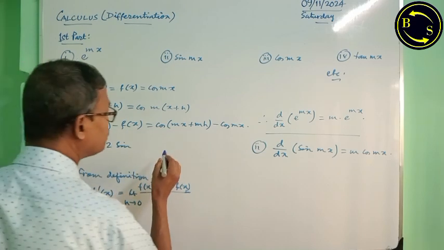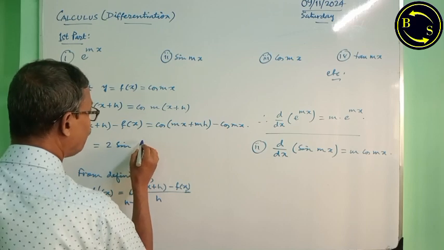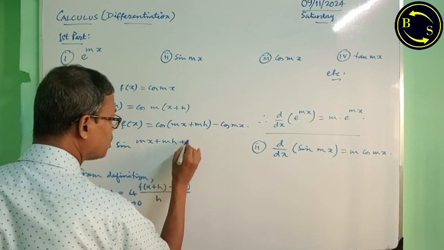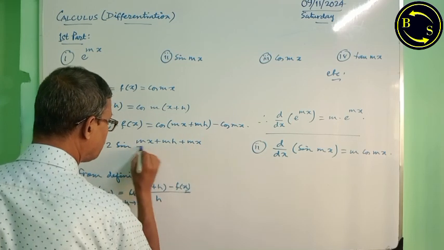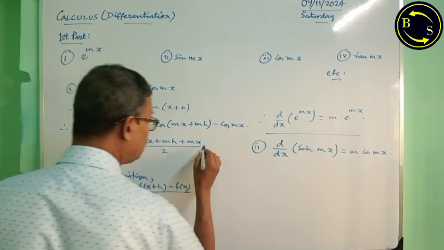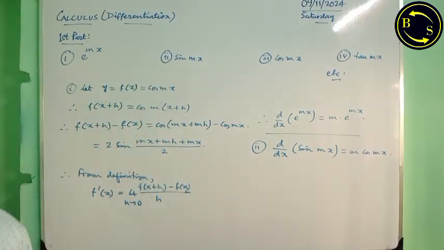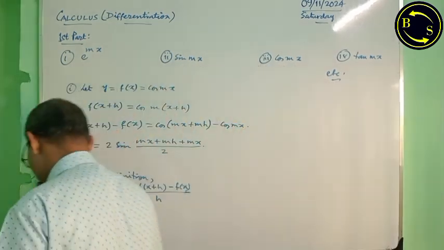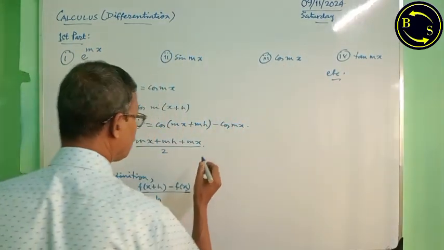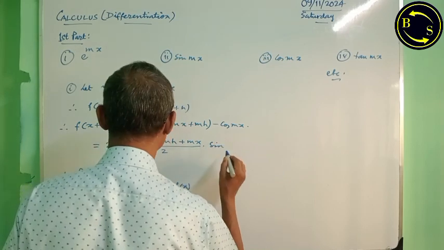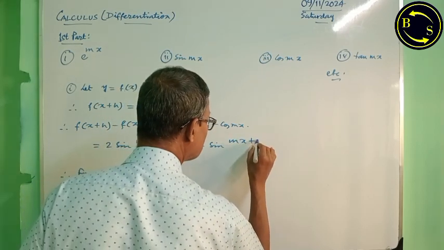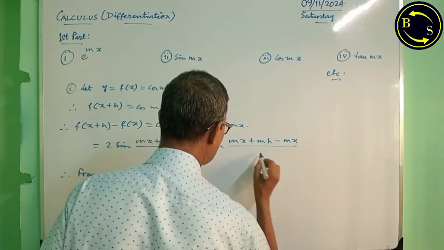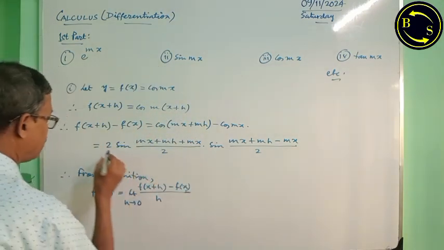2 sin of (mx plus mh plus mx) divided by 2 into sin of (mx plus mh minus mx) by 2, and there will be a minus sign.